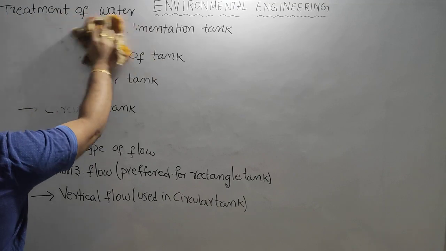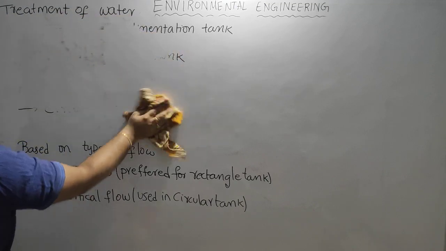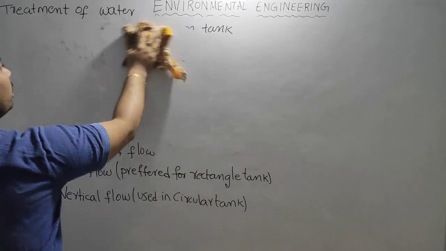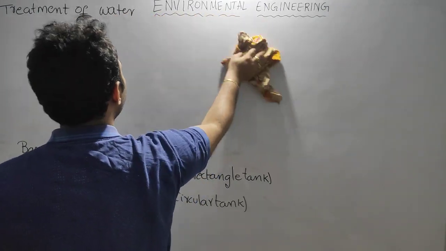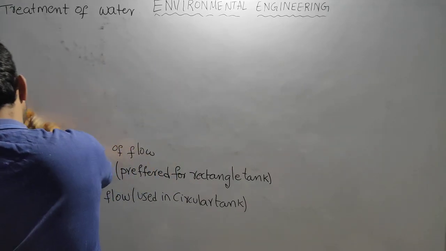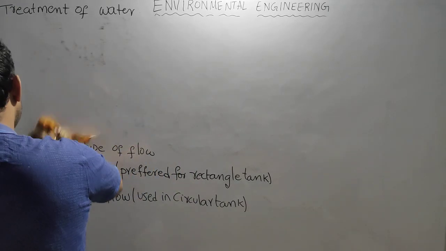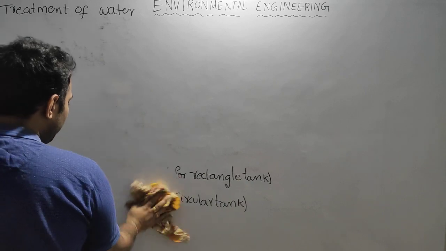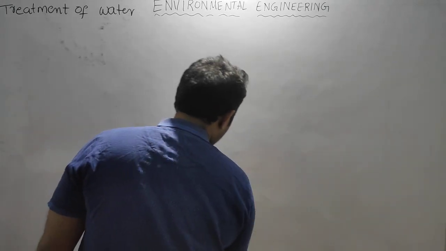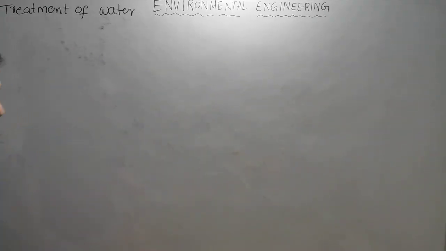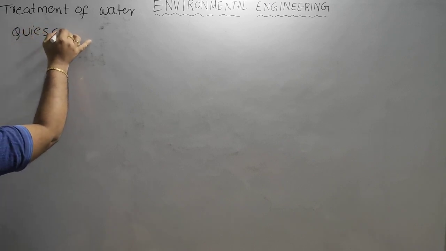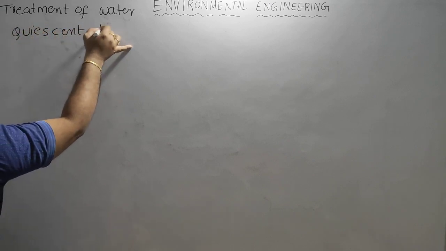Now, let us discuss a small thing about the quiescent type, and then we will go to the continuous type. Quiescent type we are not using these days, but anyway we will discuss one or two points on it.